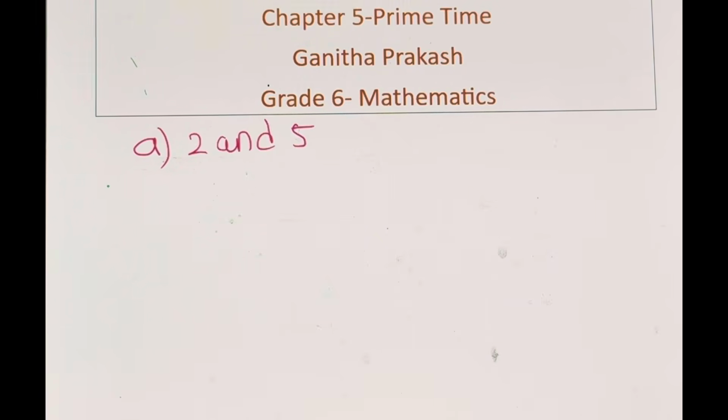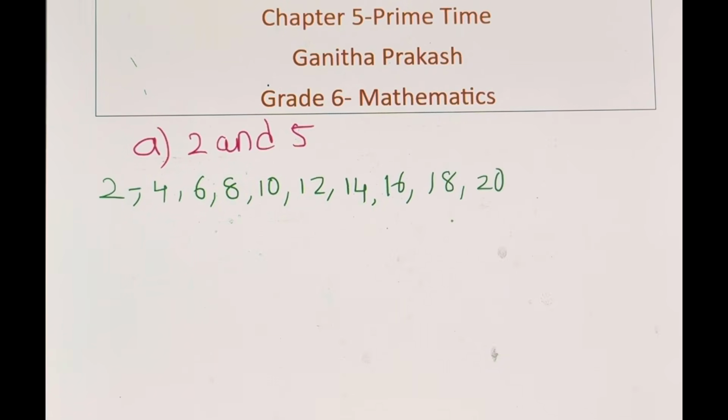So if we write multiples of 2, then 4, 6, 8, 10, 12, 14, 16, 18, 20. We write till 20. Okay. And then we write the multiples of 5 also. So 5, 10, 15, 20.